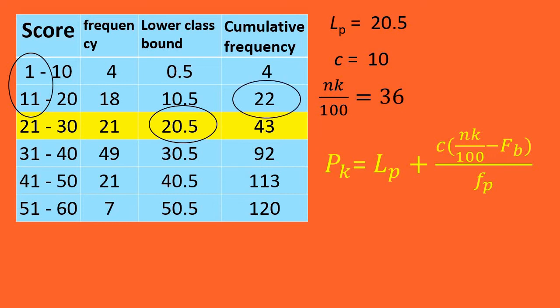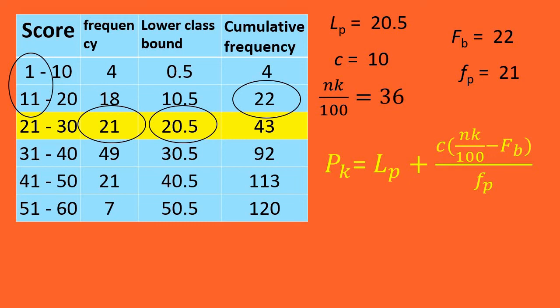That is 22. So our less than cumulative frequency of the 30th percentile class is 22, or F sub B is equal to 22. The last symbol is F sub P, the frequency of the percentile class, and that is equal to 21. So F sub P is equal to 21.